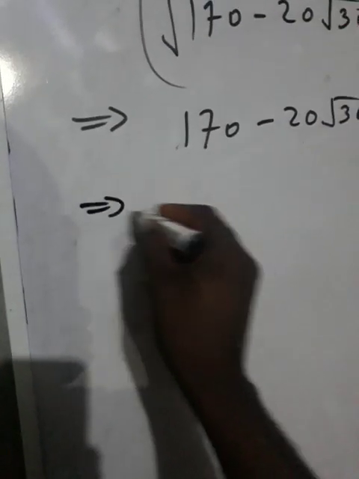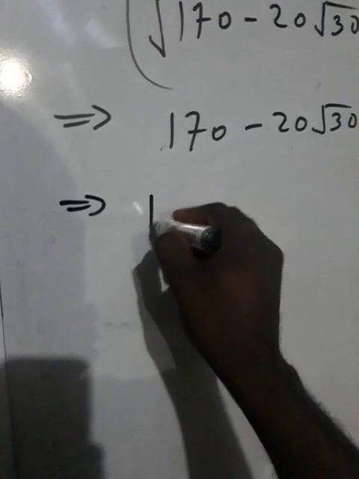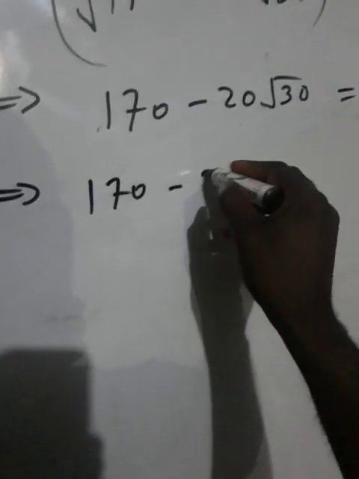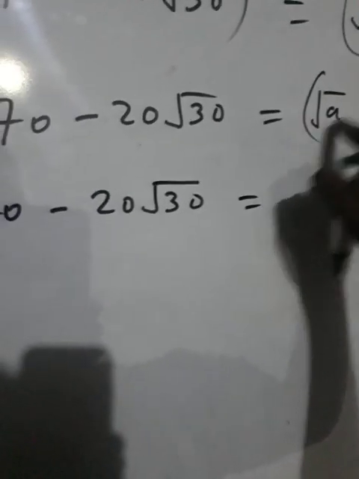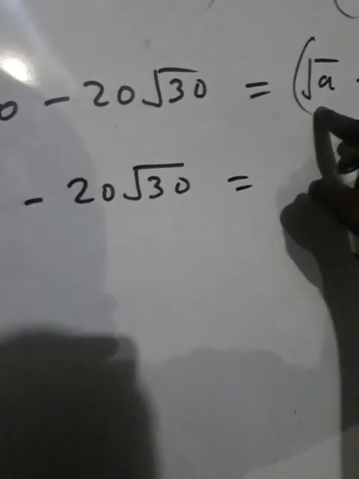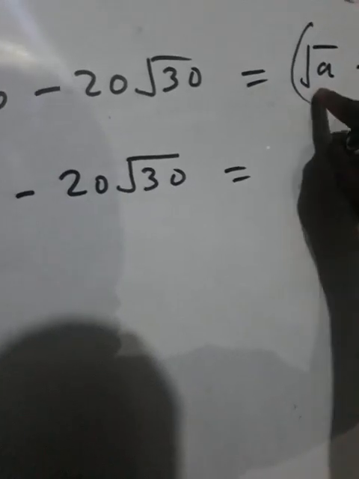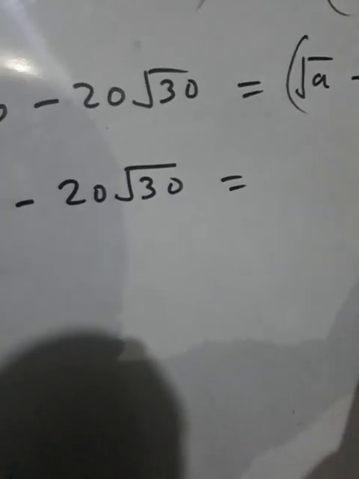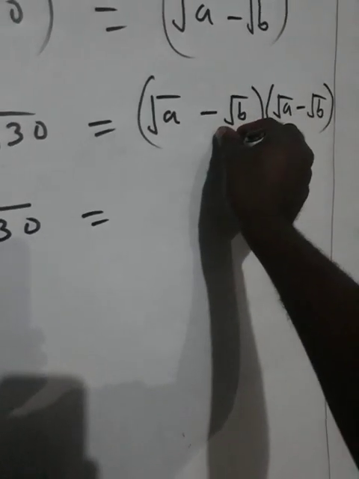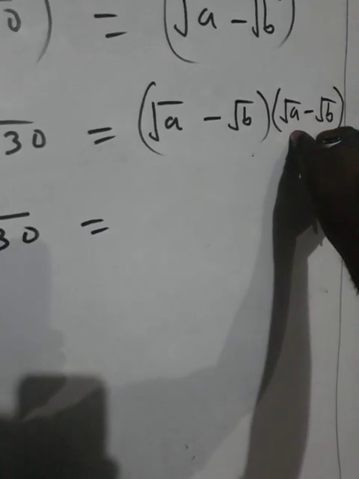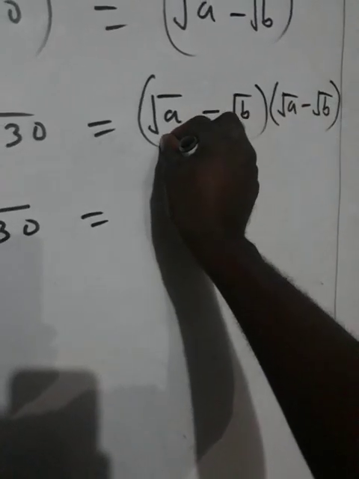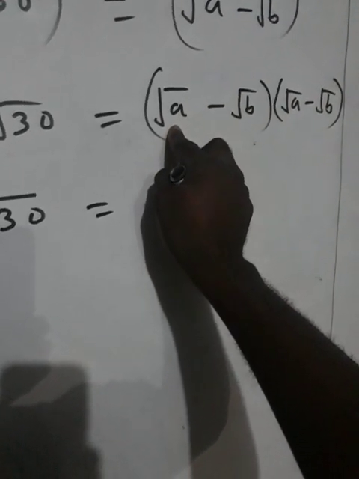So we now have 170 minus 20 root 30, which will give me, we expand by multiplying all the terms of this bracket by this singular value, my root a.